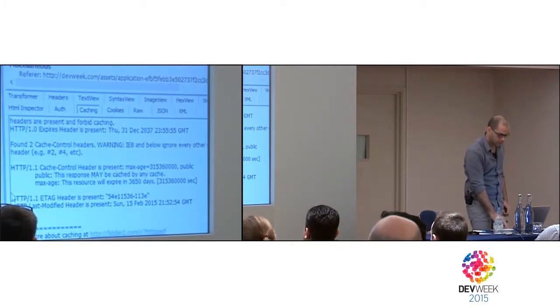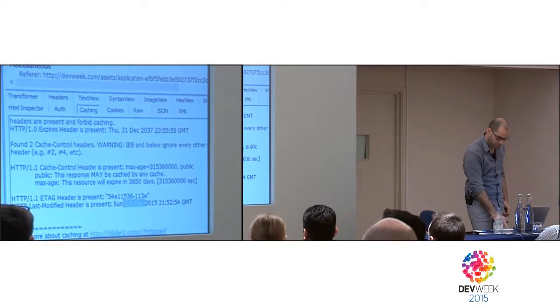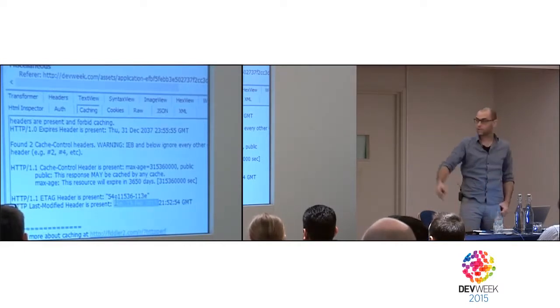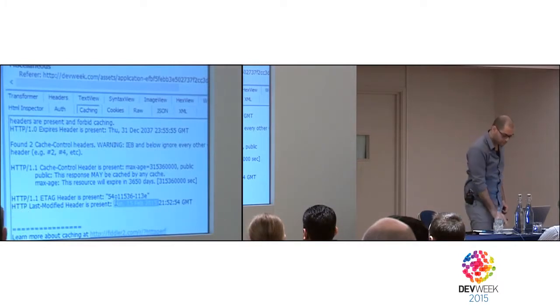So as you can see, this one has an e-tag header. It says that the last modified header is February 15, 2015, which means it was created about a month ago. Let's see, you asked about proxies.